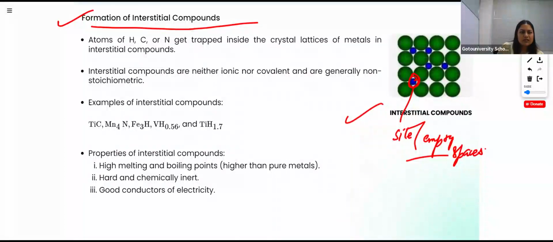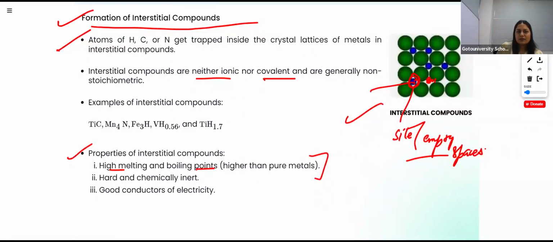Now what is happening here? What are interstitial compounds? They are neither ionic nor covalent. With this, they possess a high melting point and high boiling point, because we can add different atoms in the spaces at these interstitial sites.